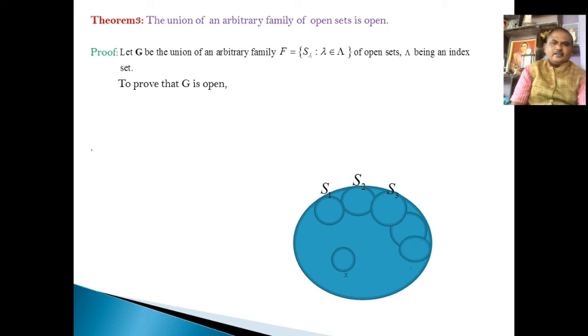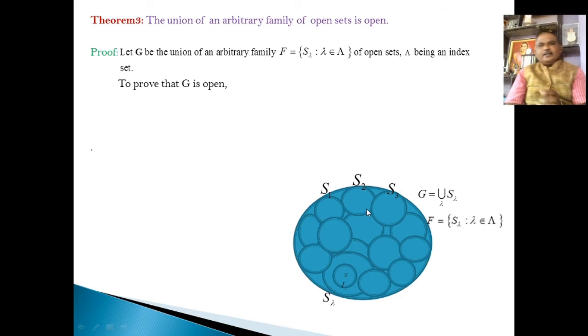So in general, F is the arbitrary family of open sets S lambda. G is the union of all these open sets, and all these are subsets of the real numbers.